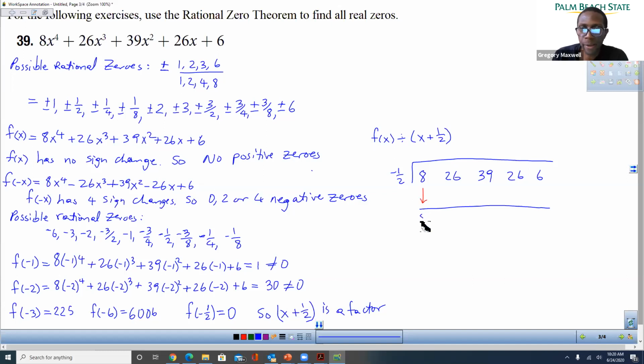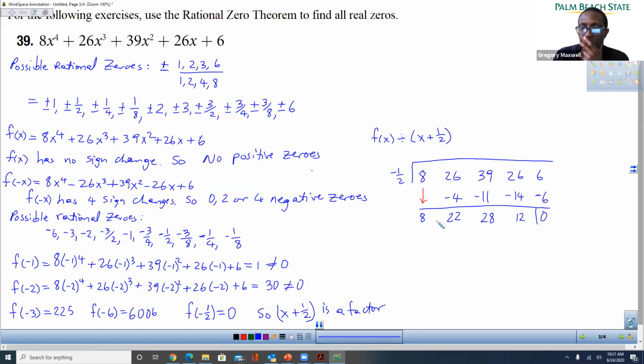Multiply 8 times negative half, I get negative 4. Negative half times 22 is negative 11, which we add to 39. What's 39 minus 11? 28 times negative half is negative 14, plus 26 is negative 12. Negative 12 times negative half is, sorry, positive 6.